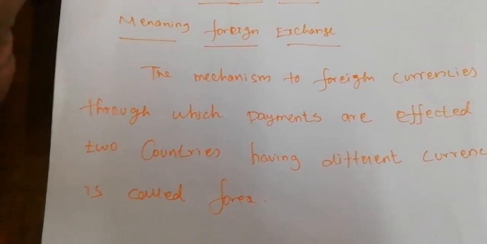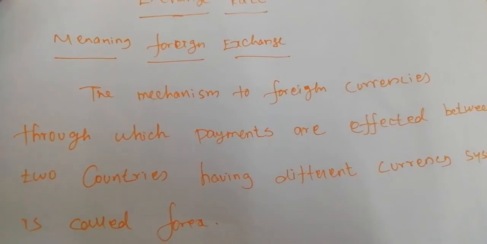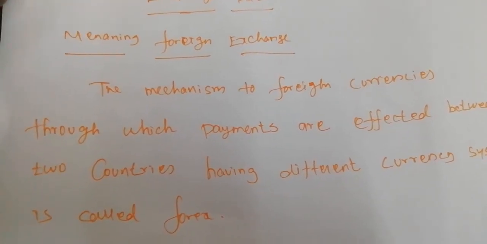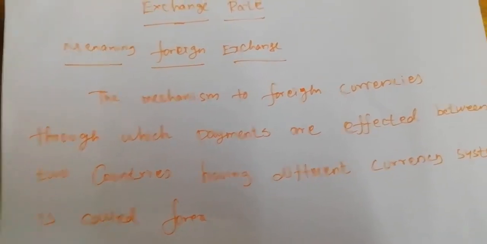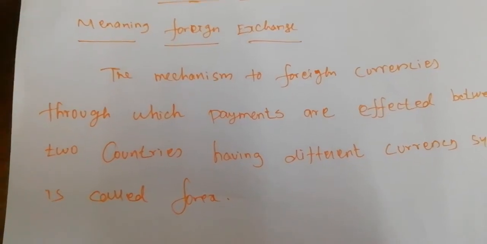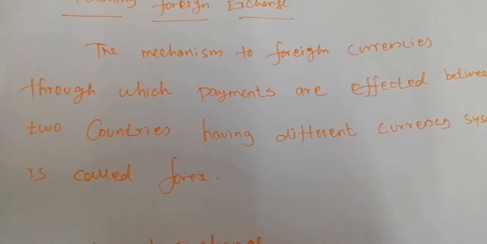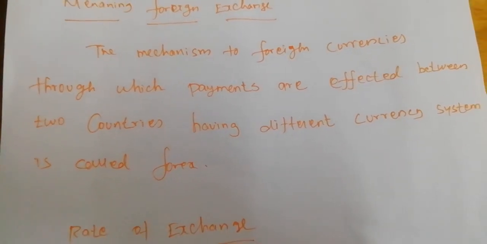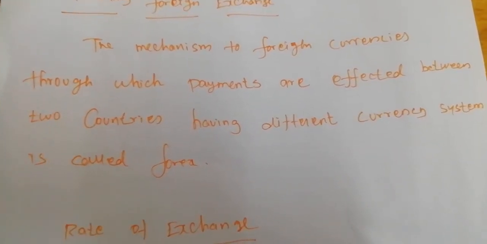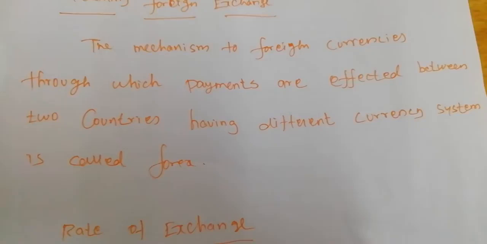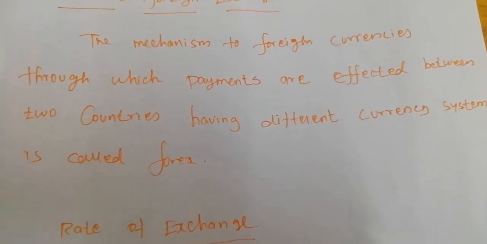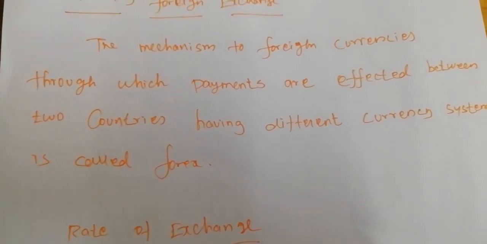Foreign exchange is shortly called forex. Foreign exchange refers to foreign currencies. When we are going to be involved in foreign or international trade, we have to undertake payments and receipts.